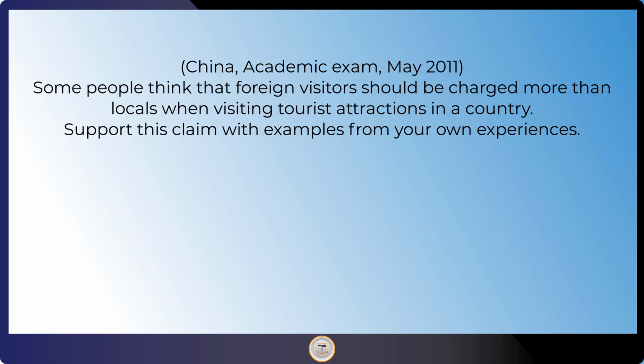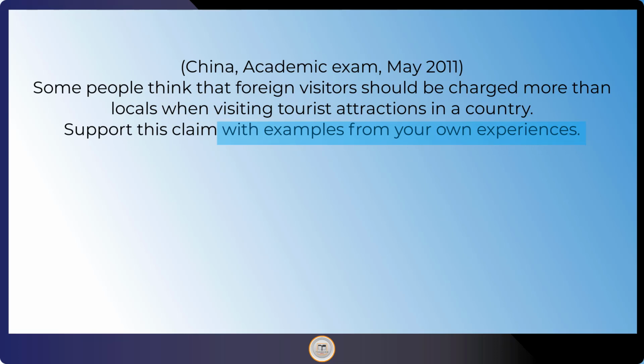So we're going to be writing an argument essay, but in this argument essay, we do not have any choice what our position is on this opinion, because our essay question is telling us very clearly, support this claim. It's not saying, do you agree or disagree, or what is your position on this claim. It's telling us, support this claim. So we have to support it.